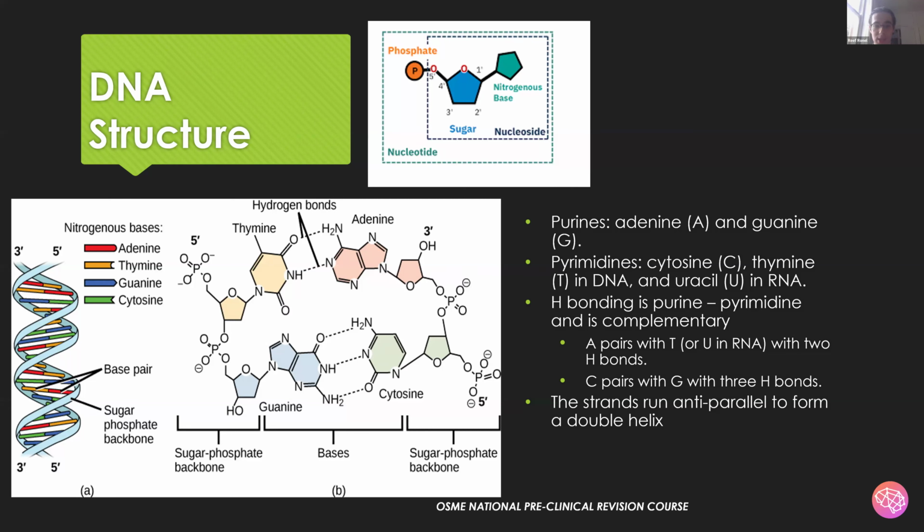We think about our DNA strands running anti-parallel, so they run in opposite directions. And the last thing is our base pairing rules. Adenine always pairs with thymine, or uracil in RNA, with 2 hydrogen bonds, and cytosine pairs with guanine with 3 hydrogen bonds. This is our complementary base pairing, which underlies all of this.